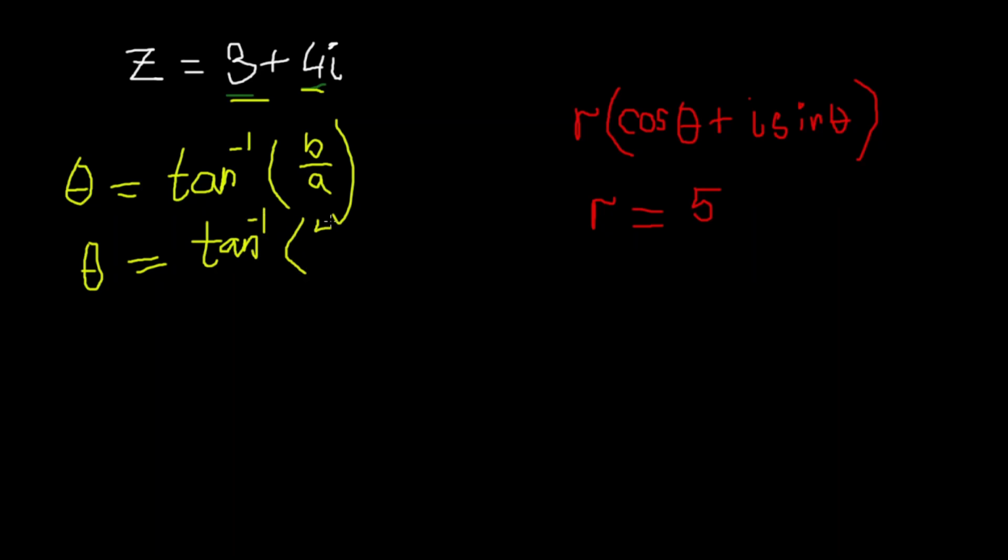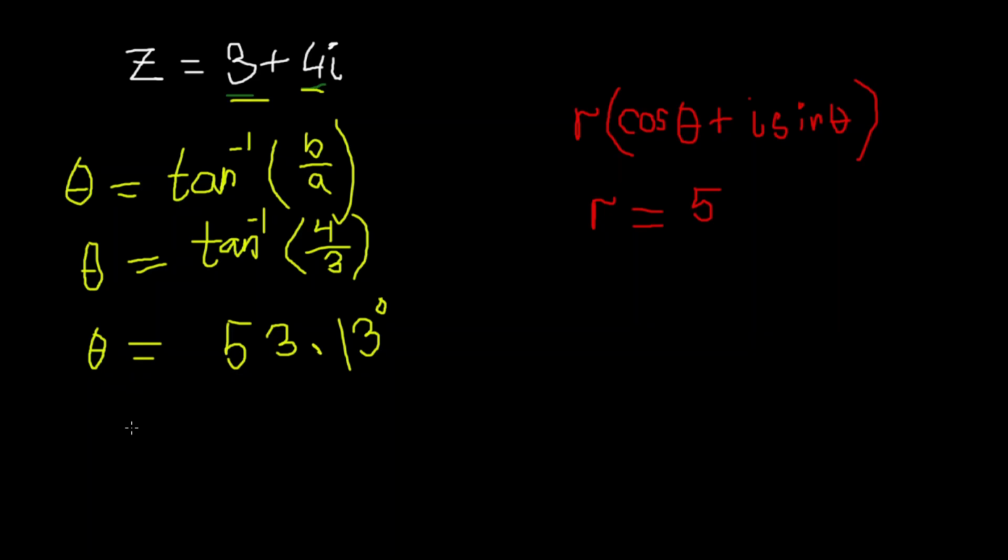Arctan of 4 over 3. Now you can use your calculator to find the answer. So arctan of 4 over 3 is 53.13 degrees.